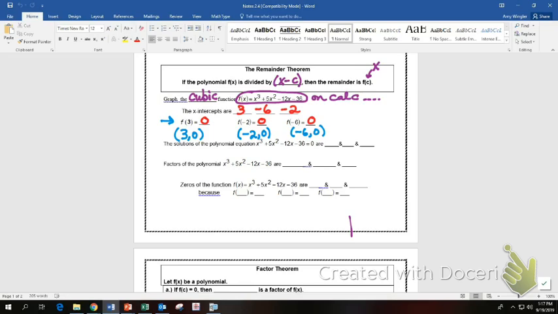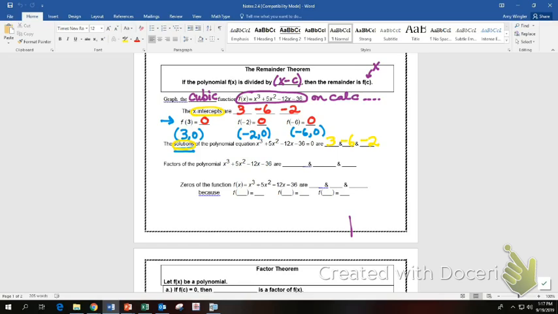If the x-intercepts of the graph of this cubic function are at 3, -6, and -2, then the solutions of the equation have to also be at 3, -6, and -2, because x-intercepts are also called solutions.